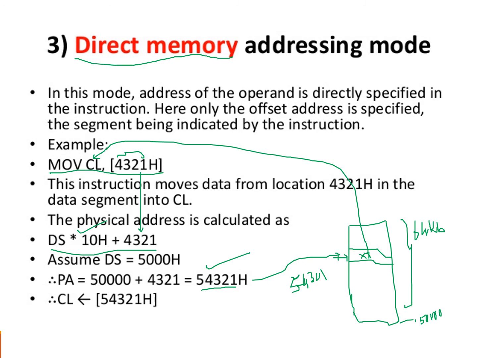What we are using is the memory location or address location of the data as the source operand. That is why this type of addressing mode is called direct memory addressing mode. You can write more examples using different instructions for the same addressing mode. I think everyone got a clear idea about all three addressing modes.